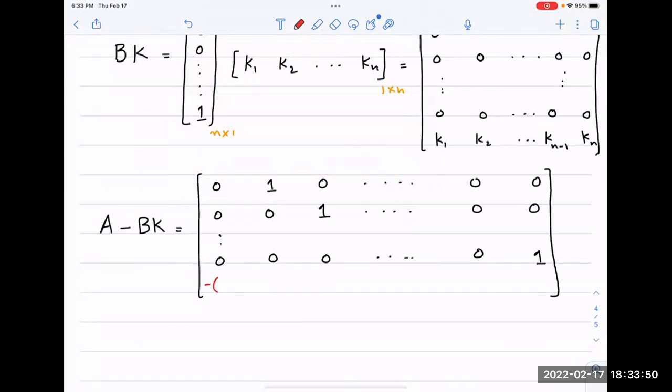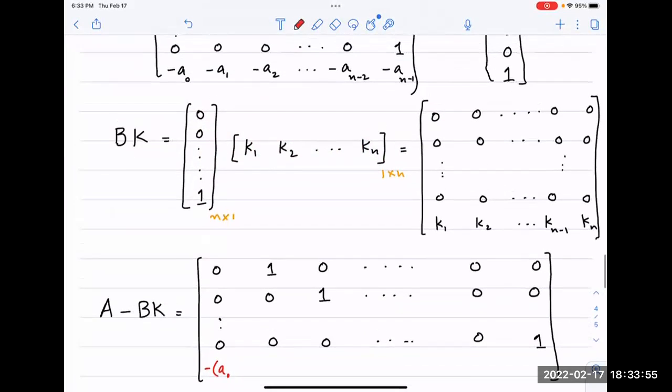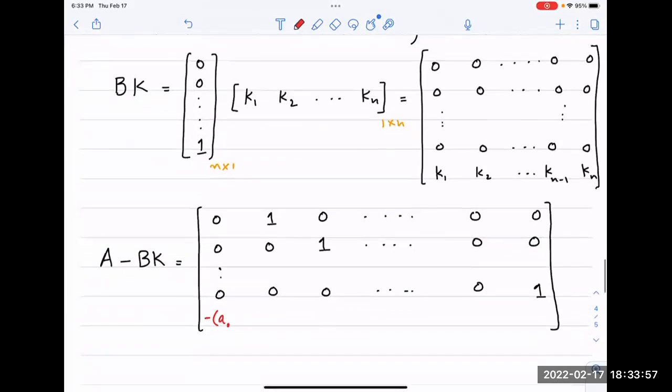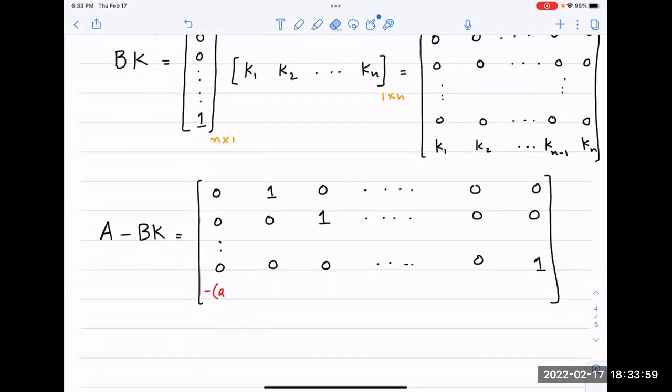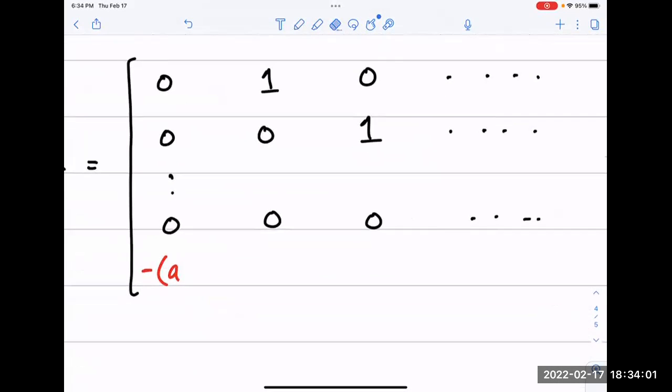It will be negative A0 plus K1. The second will be negative A1 plus K2, and then negative A2 plus K3, right?